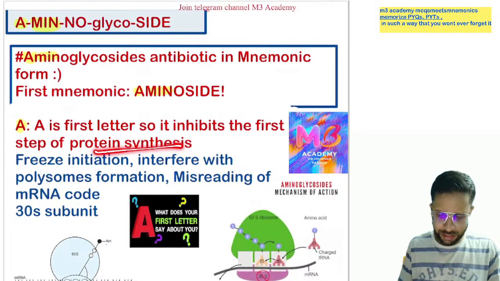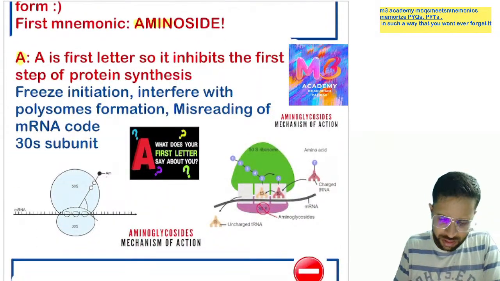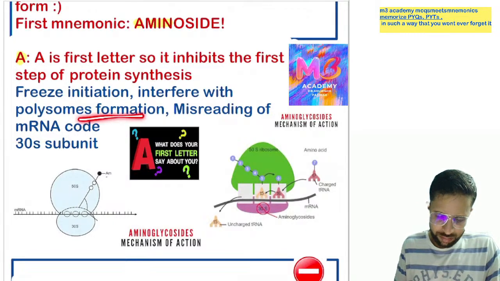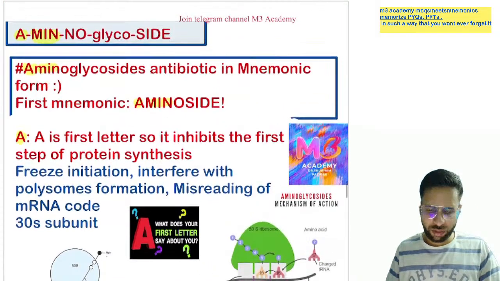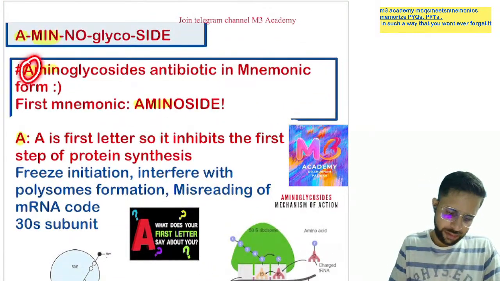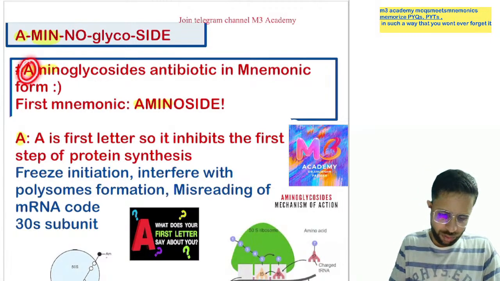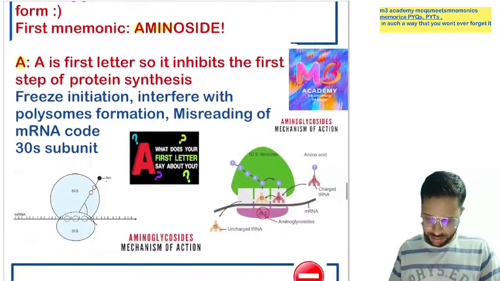They also freeze the initiation, interfere with polysome formation, and cause misreading of the mRNA code at the 30S subunit. To remember: A is the first letter, so it inhibits the first step of protein synthesis. It has M for misreading of the mRNA and works on the 30S subunit. You can see this in the picture also.